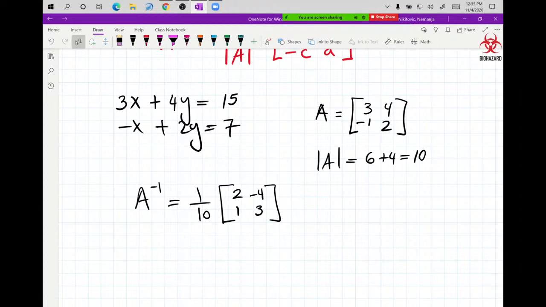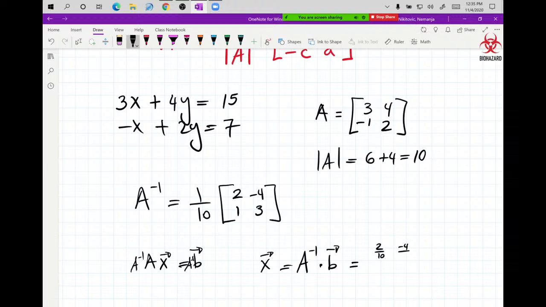My original problem was A times X equals B. When I pre-multiply by A inverse, I get X is equal to A inverse times B. So my A inverse is 2 over 10, negative 4 over 10, 1 over 10, and 3 over 10. And then vector B is just 15 and 7.